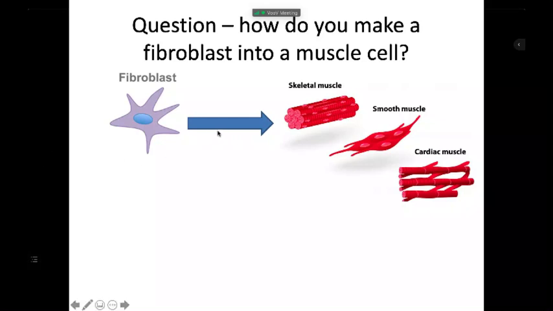And we want to turn these into muscle, either skeletal muscle, smooth muscle, or cardiac muscle, a very different cell type, which has one very interesting feature, particularly in the case of skeletal muscle and cardiac muscle: these are multiple cells, multiple polynucleate cells fused together, and this allows the formation of fibers that can contract.